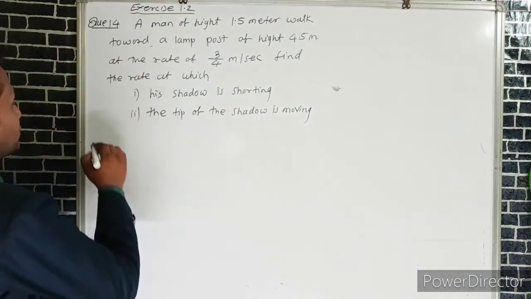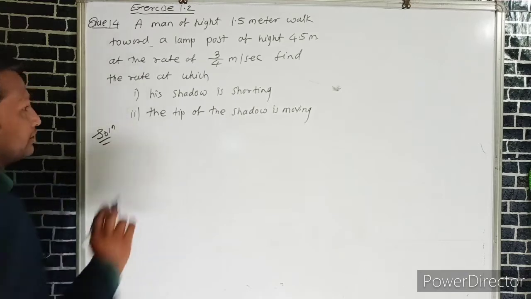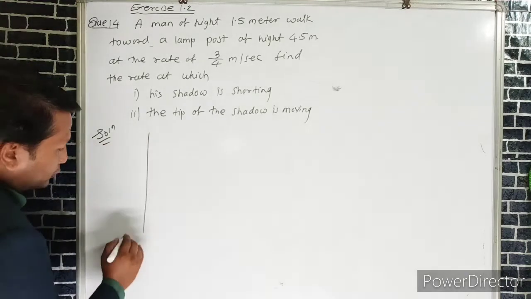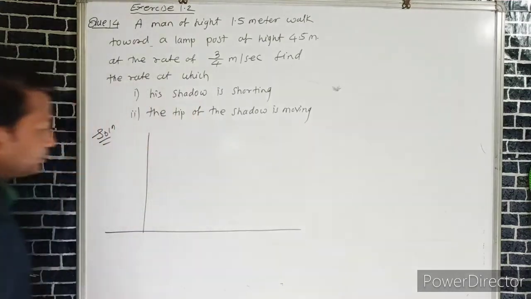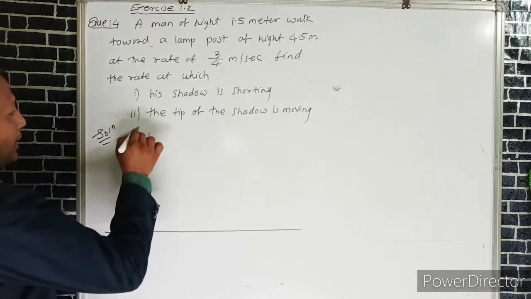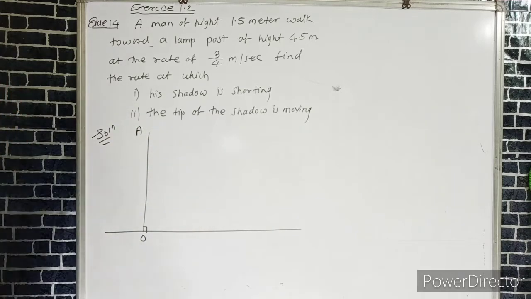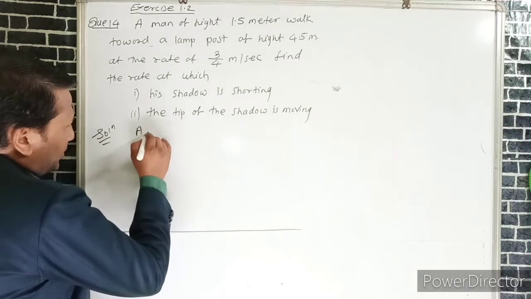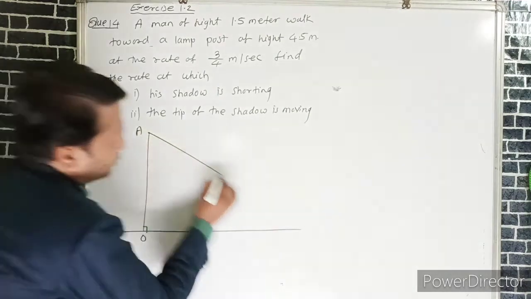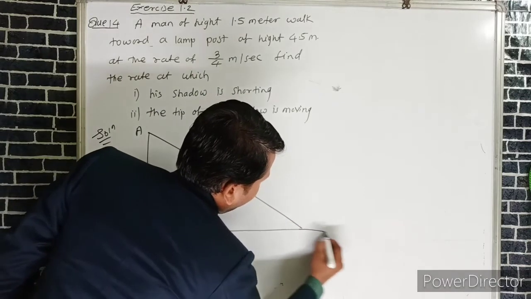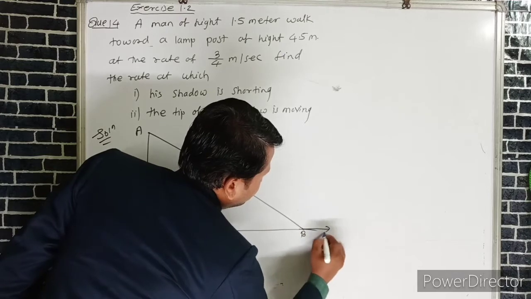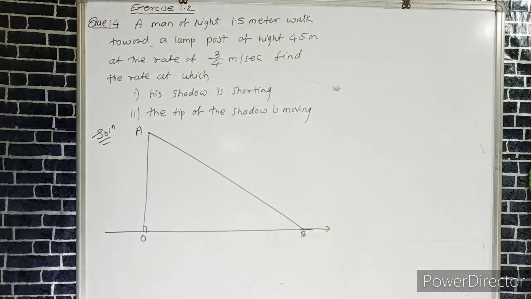So first we consider that this is a lamp post which is perpendicular to the land, OA. Here from the tip of the lamp post up to point B is the shadow of the lamp post.